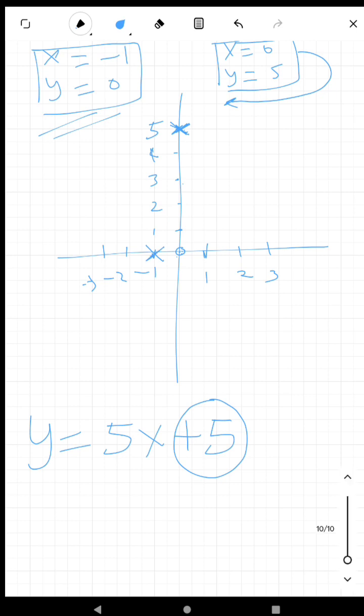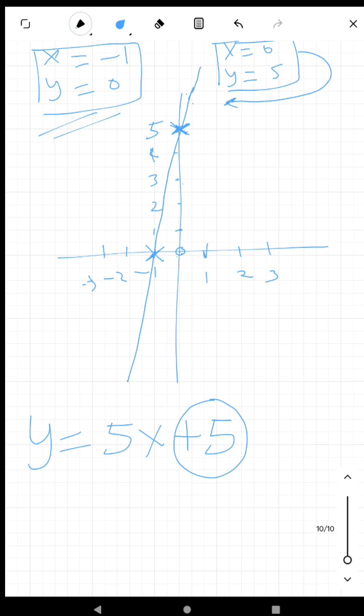When you have 2 points, you can simply join them. So this is the equation of the straight line. We have sketched the equation of the straight line for the 3 questions.